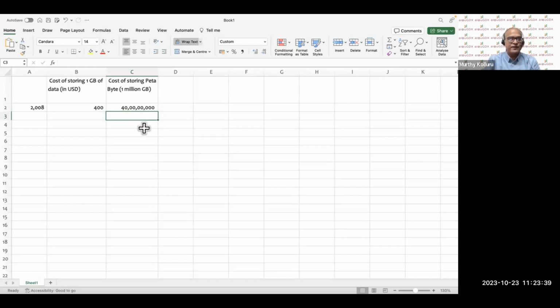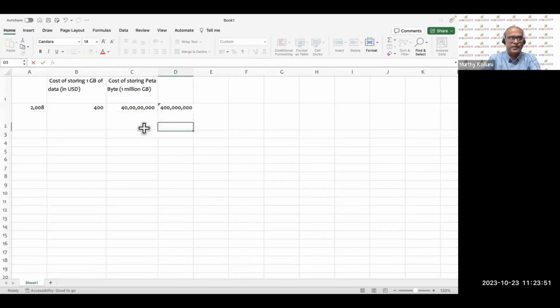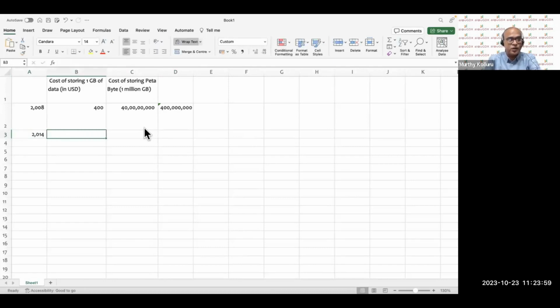Those who are more familiar with the US way of looking at it, this is equivalent to $400 million. It's exactly the same as that. Okay, now by 2014, this cost came down to $4 from $400.